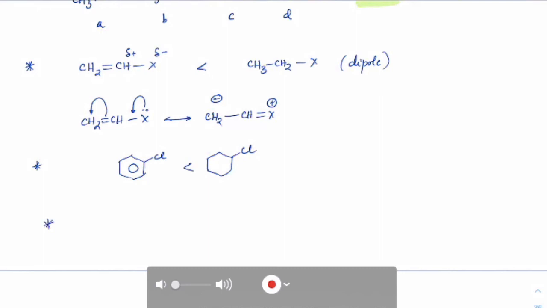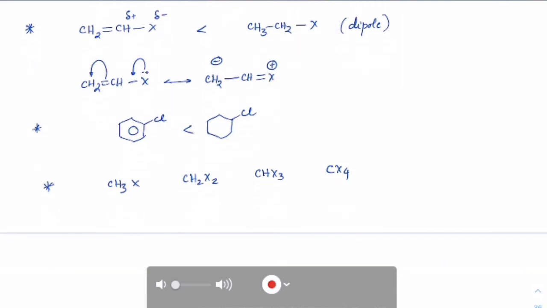Next, if you take CH3X, CH2X2, CHX3 and CX4, here there is a slight difference. If I take this as 1, 2, 3, 4, in case of chlorine, bromine and iodine, 1 is more than 2, then 3, then 4.